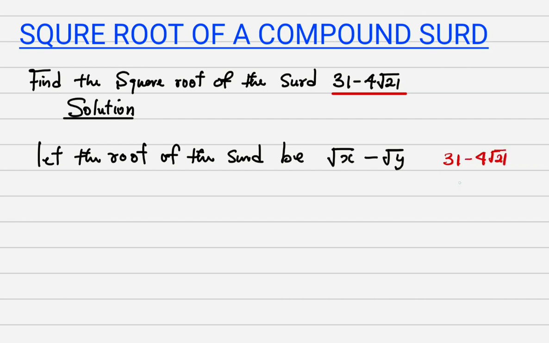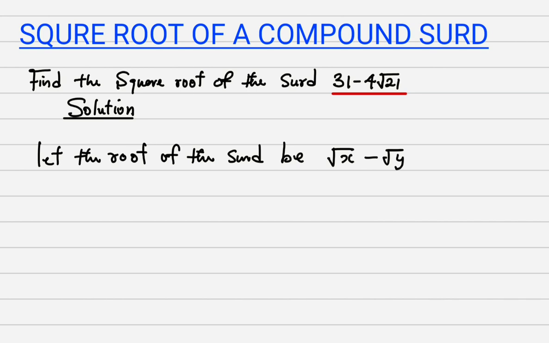Supposing it is 31 plus 4 root 21, then I will choose the root to be root of x plus root of y. So that is the reason why I'm picking root of x minus root of y, because it is 31 minus 4 root 21. So please take note of that, okay?